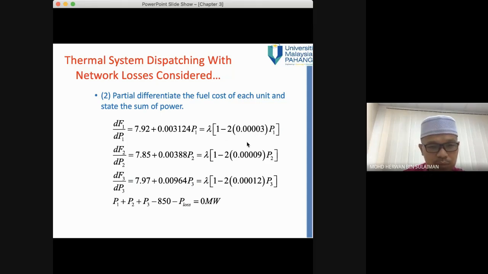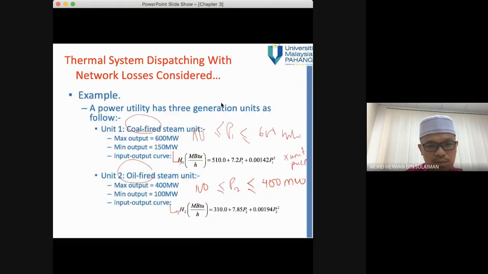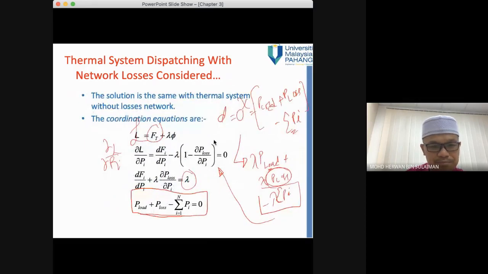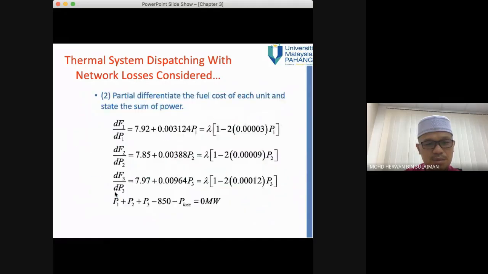This one is with respect to the loss equation, right? So you need to bring this to here: df1 over dp1 equals lambda minus lambda dp loss over dp1. So that's why you get here lambda times 1 minus 2, where this one is dp loss with respect to p1.